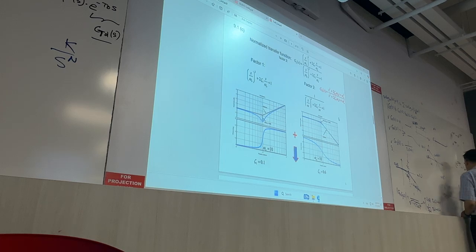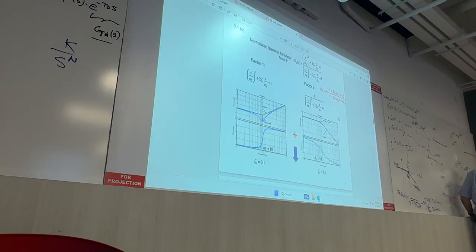This is 0 dB. And this is minus 40 dB per decade. And then here is a value here. I think it's 20 log 1 over damping ratio or 2 damping ratio, I forgot.